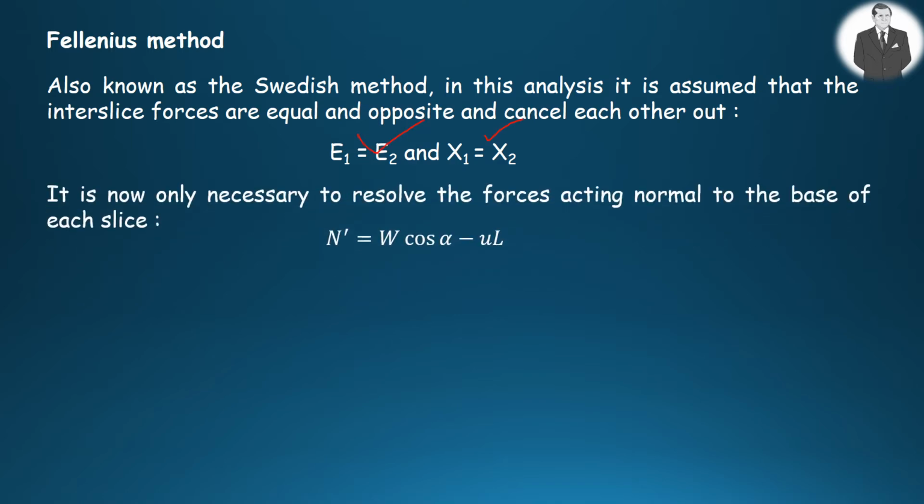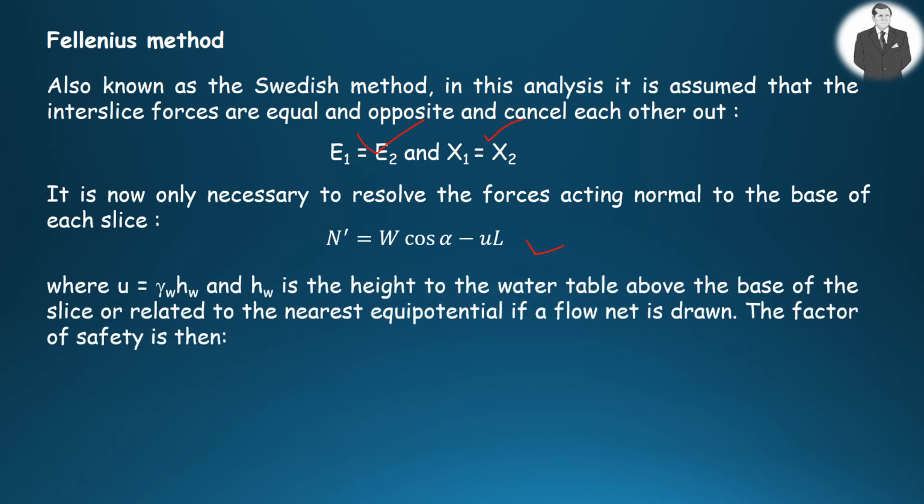It is now only required to resolve the forces acting normal to the base of each slice as illustrated here, where U is the pore water pressure, which is equal to the unit weight of water times h_w. h_w is the height of the water table above the base of the slice, or related to the nearest equipotential if a flow net is drawn. The factor of safety is then rearranged in the form as given here.